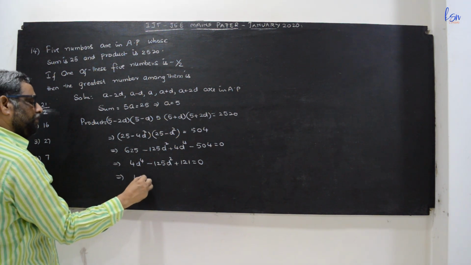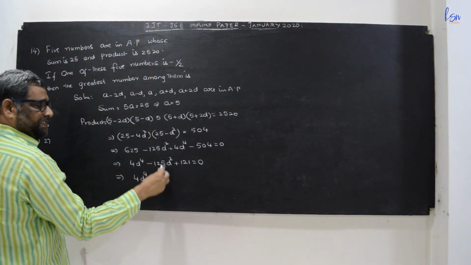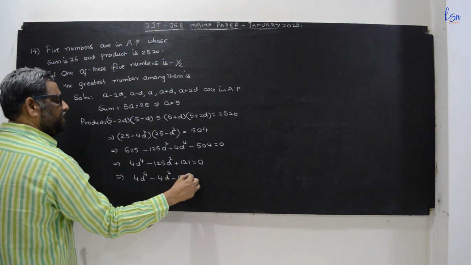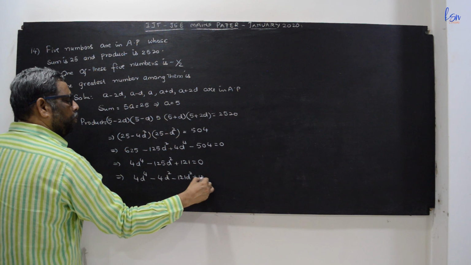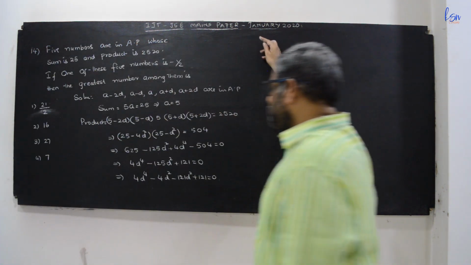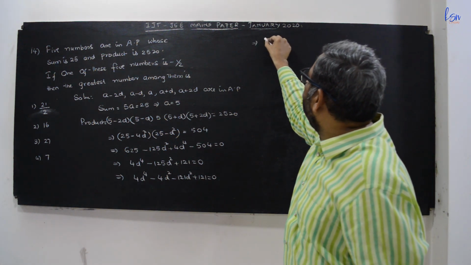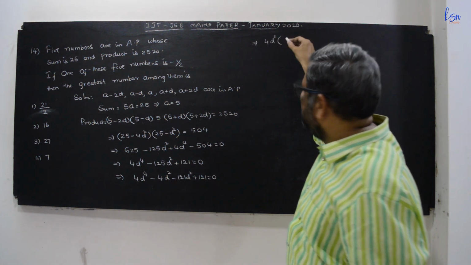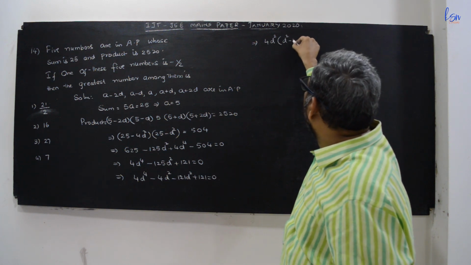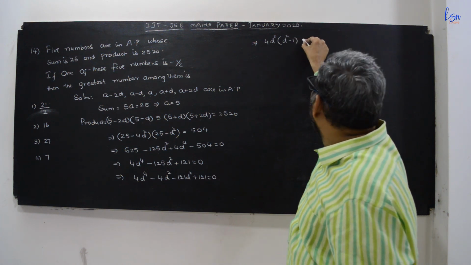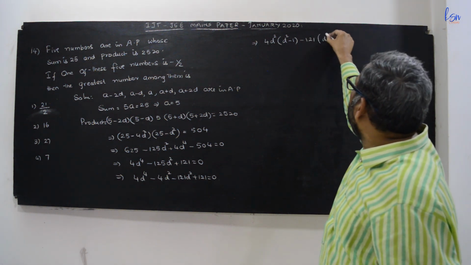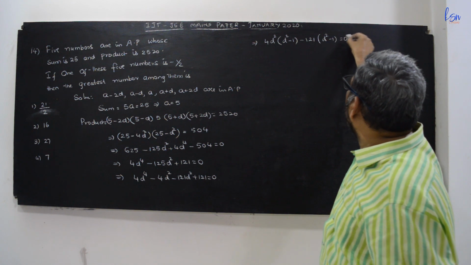4d to the power of 4 minus 121d square plus 121 is equal to 0, after factorizing. From the first two terms, take 4d square common: 4d square into (d square minus 1) minus 121 into (d square minus 1) is equal to 0.